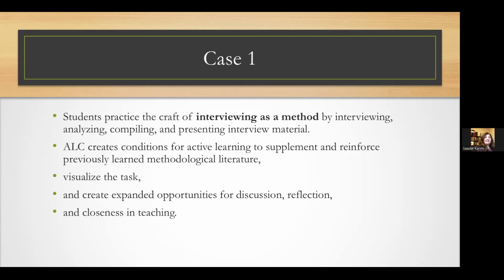ALC creates conditions for active learning to supplement and reinforce previously learned methodological literature, visualize the task, create expanded opportunities for discussion, reflection, and closeness in teaching.